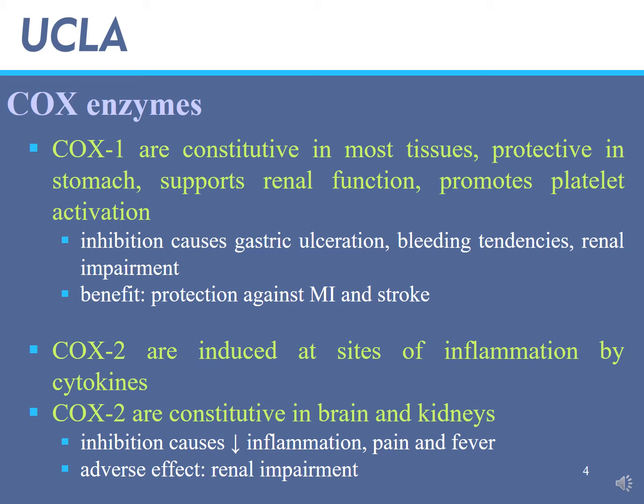We also reduce the pain and fever, but then you have some adverse effects that are related to the Cox enzyme in the kidney. And for the Cox1, the inhibition of Cox1 is actually the cause of the gastric ulceration and the GI bleed, because Cox1 is constitutive in the GI tract, and also supports the platelet activation.